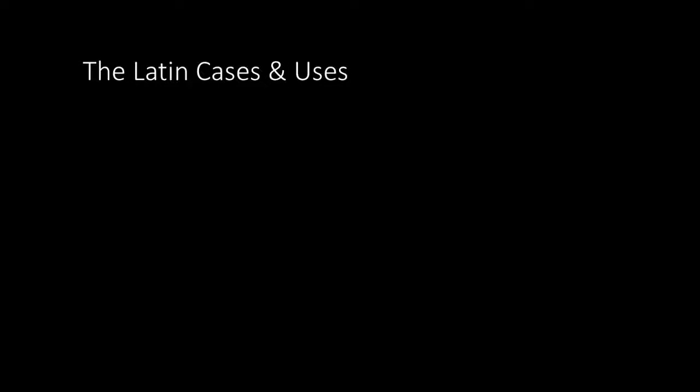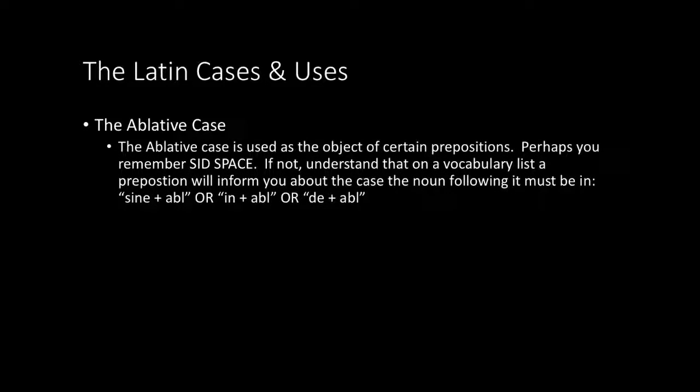Now let's review how the ablative case is used. Primarily, we use the ablative case as an object of a preposition. If you forget which prepositions require the ablative case, remember that on a vocabulary list, a preposition will inform you about the case the noun must be written in that follows it. It will look like this on a vocabulary list: sine plus ablative.